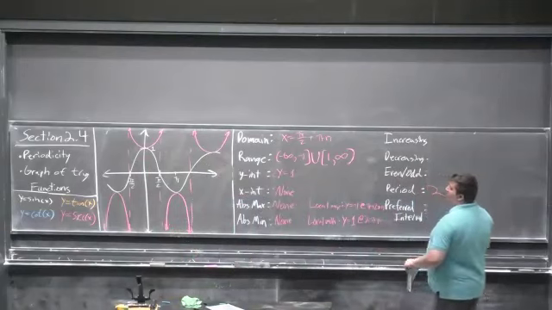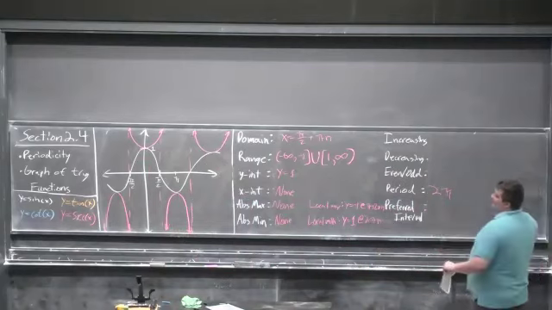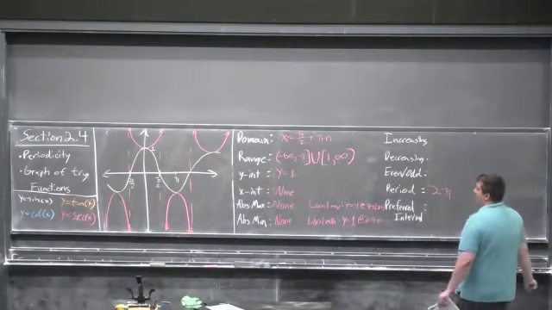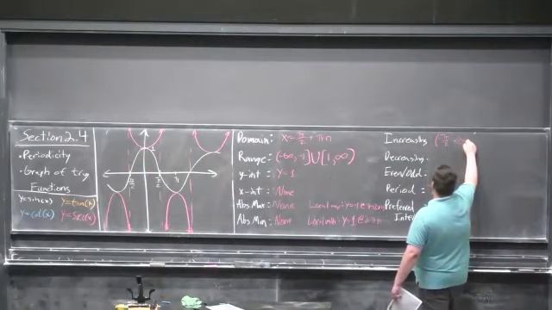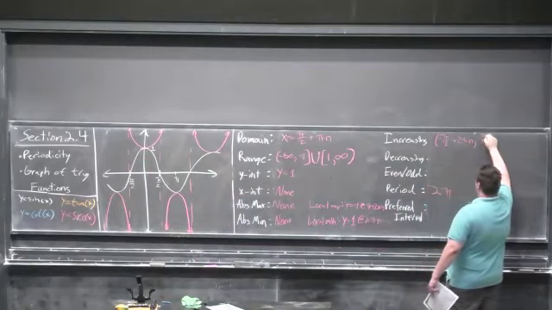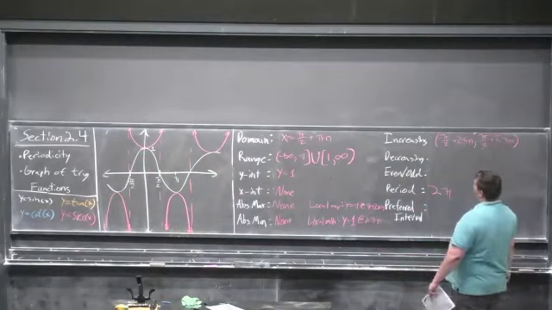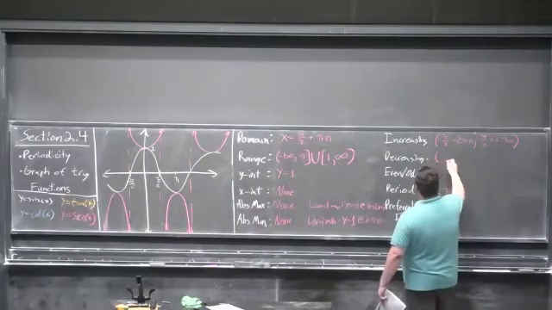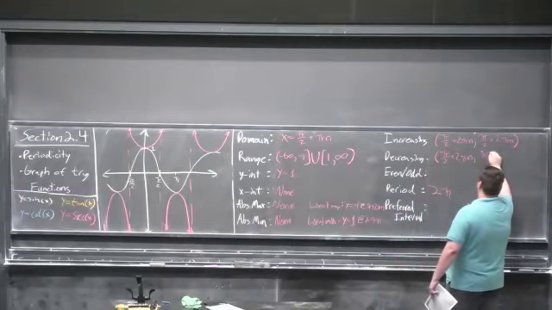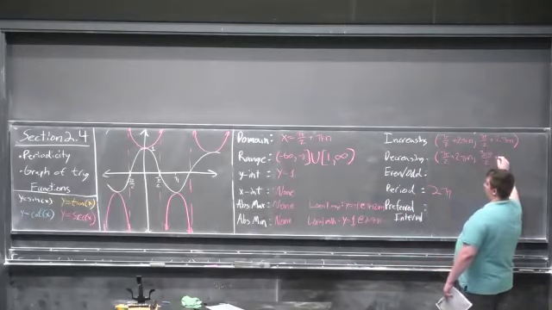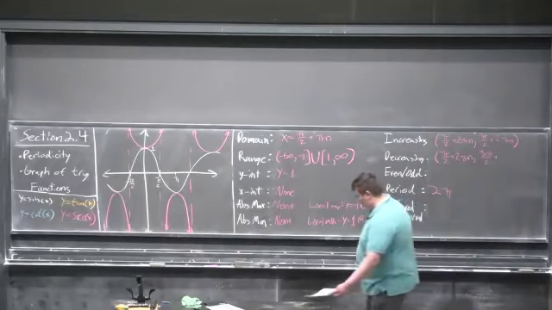Increasing. Well, for the ones that kind of look like a parabola going up, we're increasing over those intervals. That's from negative pi over 2 plus 2 pi n to pi over 2 plus 2 pi n. Decreasing from the interval of pi over 2 plus 2 pi n to 3 pi over 2 plus, oh, nope, I'm wrong.